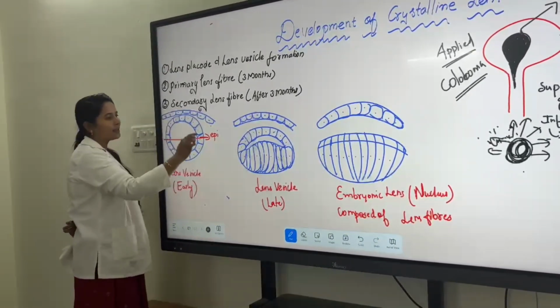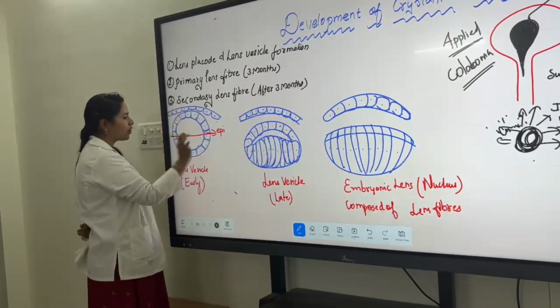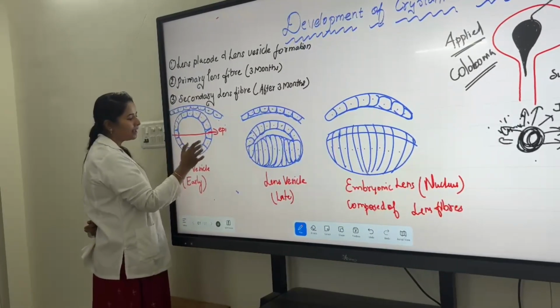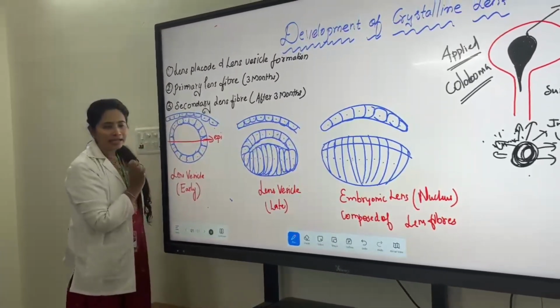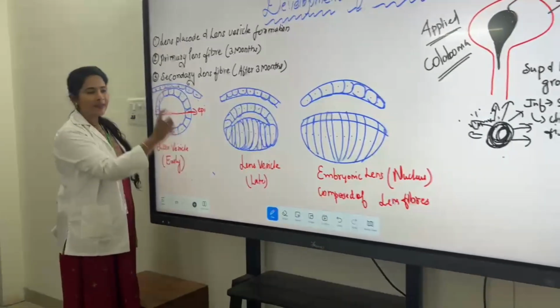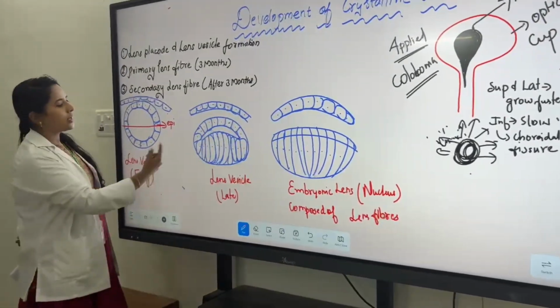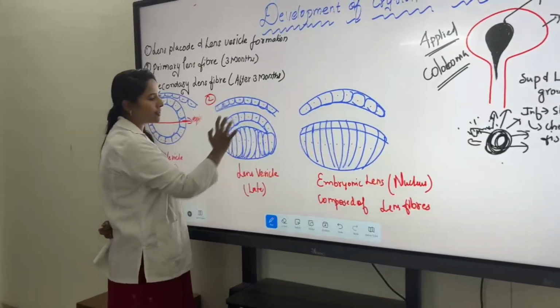So let me tell you, this is the epithelial region, and this is the surface ectoderm. I am just drawing a line between. This region is the posterior epithelium and this is the anterior epithelium. This structure is called the lens vesicle, which is in the earlier stage. Already I have told, this is the epithelium.